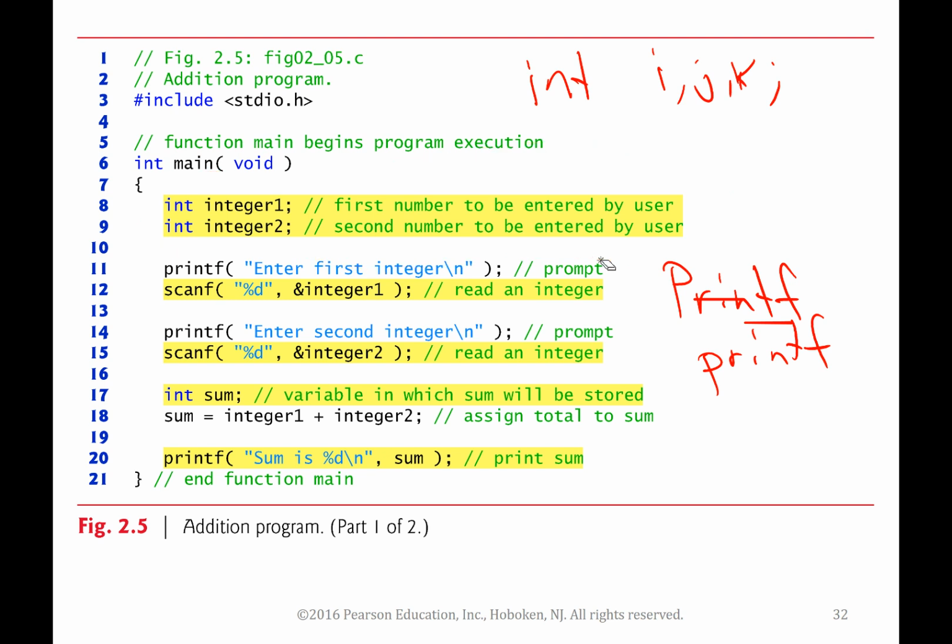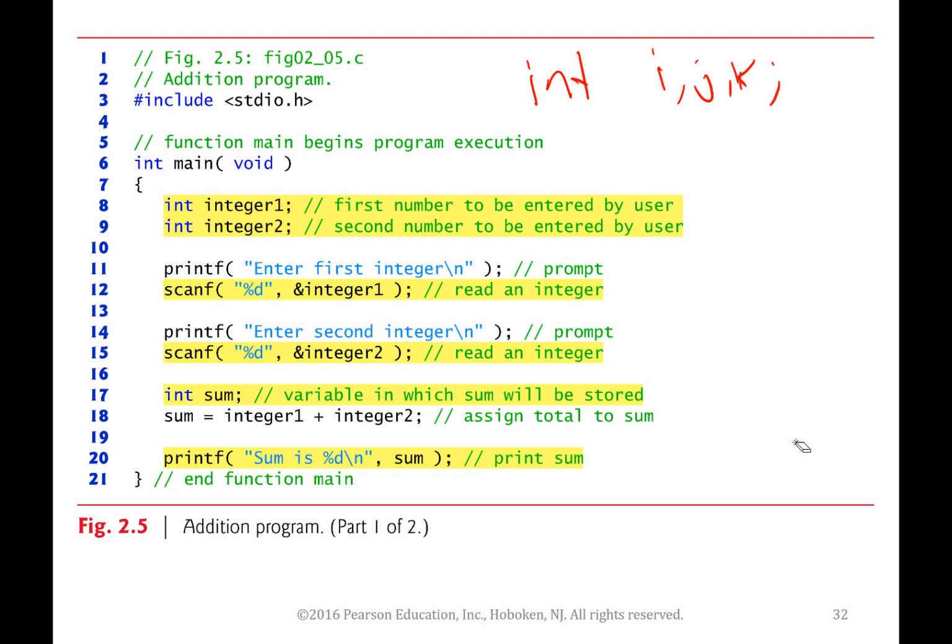Now, we do our printf right there. Let me erase all this here. Our printf says enter the first number with a \n. I don't always put a \n there. I may put a colon and then a space. It doesn't really matter.